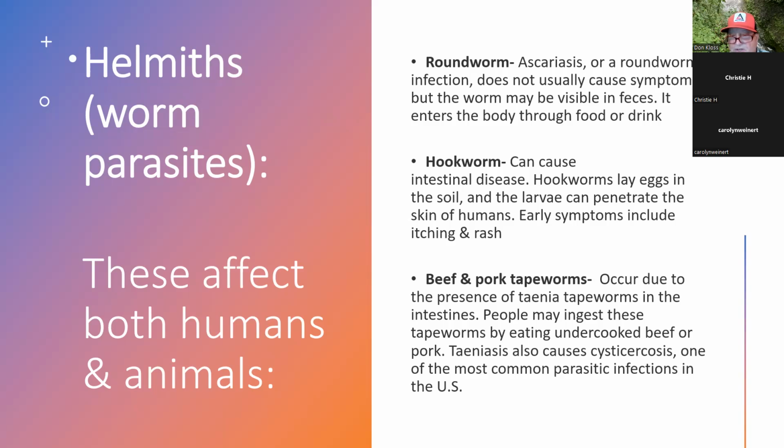Taeniasis also causes cysticercosis, which is one of the most common parasitic infections in the US. And that's where you have seen x-rays of people that have a tapeworm that's like 3 or 4 feet in their intestine.